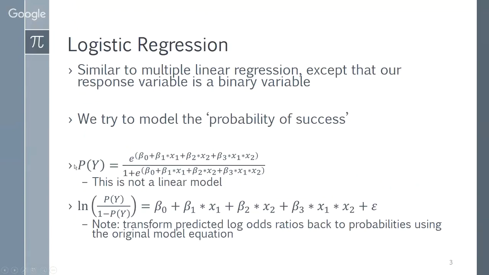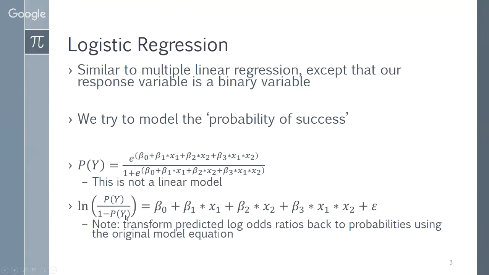And the way that we transform it is by putting this function together. This is called the log odds function, or the logit function. It's the probability of success divided by 1 minus the probability of success. Now remember, 1 minus the probability of success is the probability of failing, right? So the probability of success divided by the probability of failing, that's what odds are.